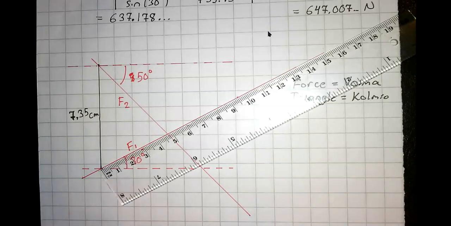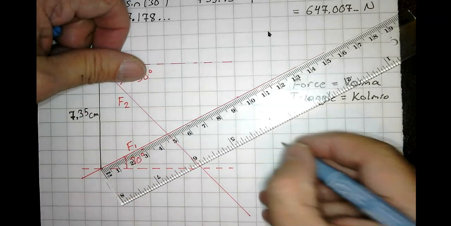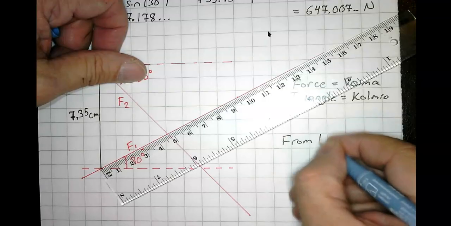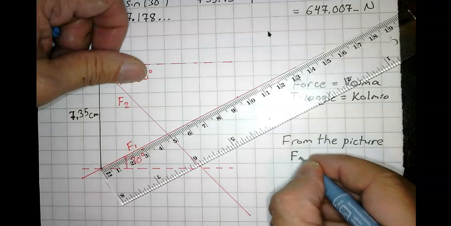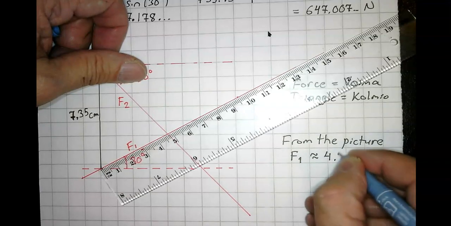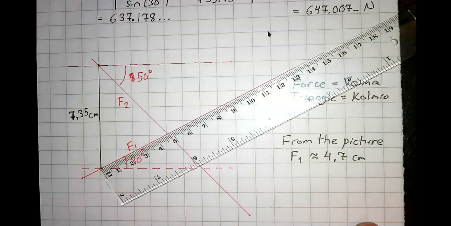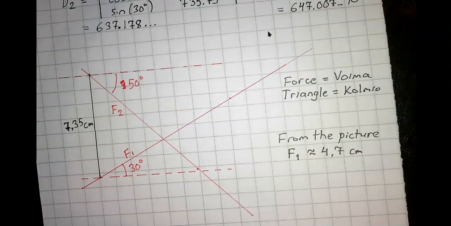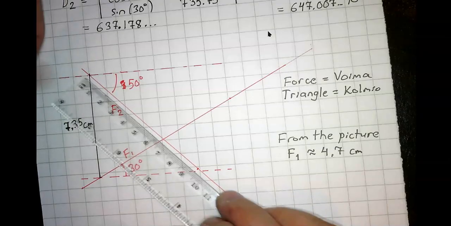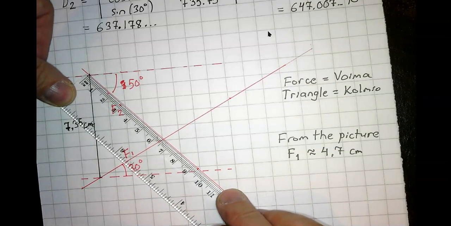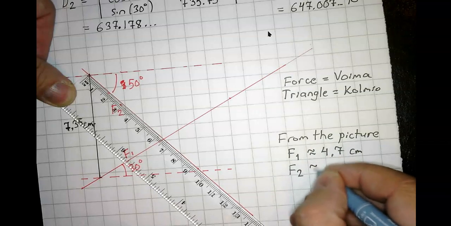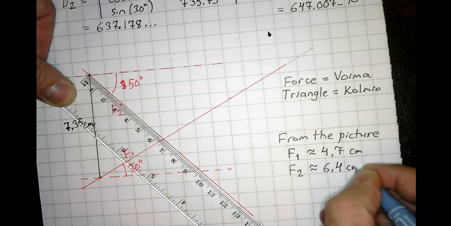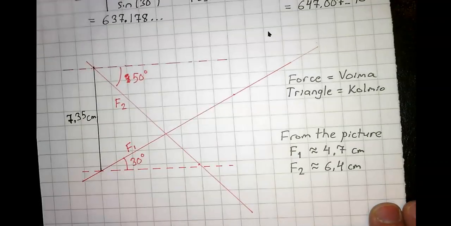Maybe a little bit more, but I'm not going to lie. And the next one, F2, is approximately 6.4 centimeters.